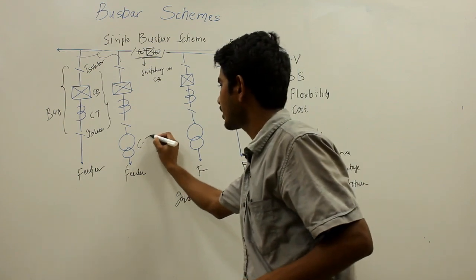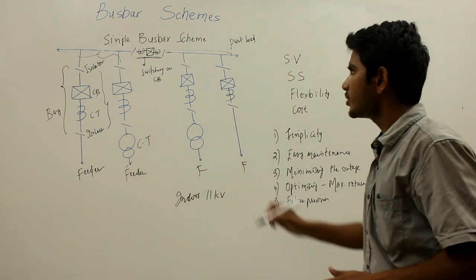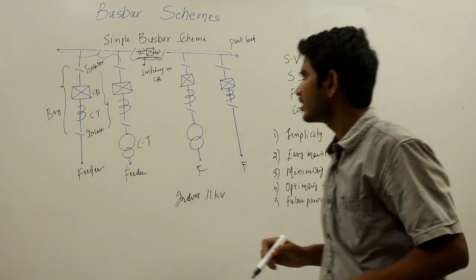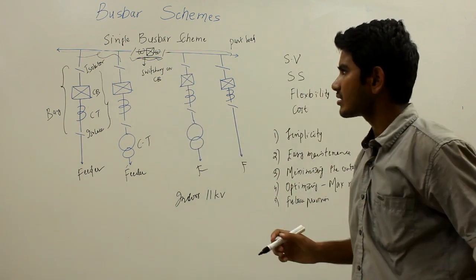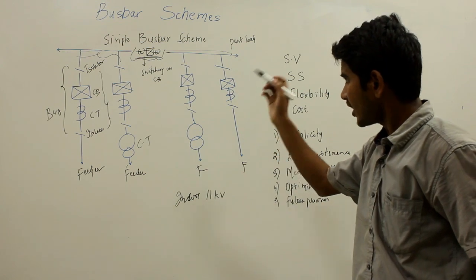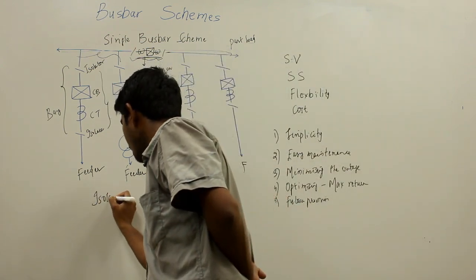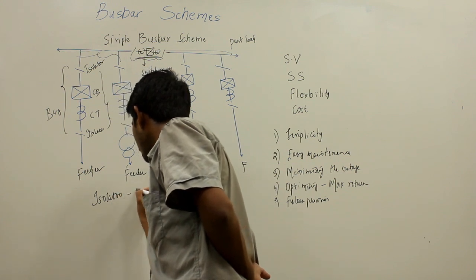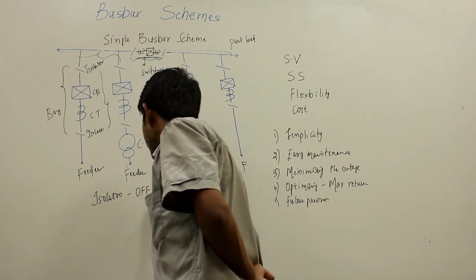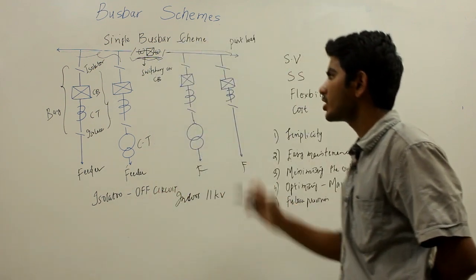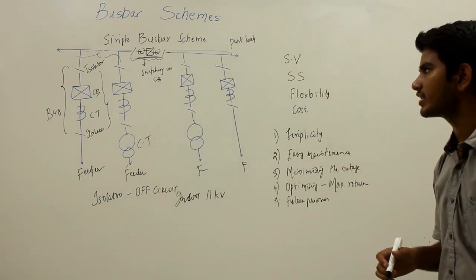This is your current transformer, and the isolators used here do not fulfill the purpose. So again the isolators have to be operated off circuit, which is not possible without the interruption of the total busbar. So the investment of bus coupler is required here.